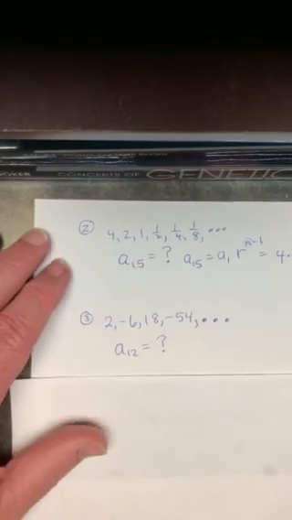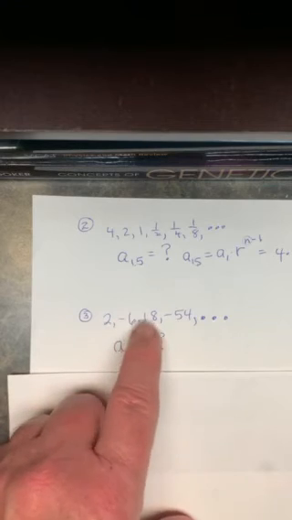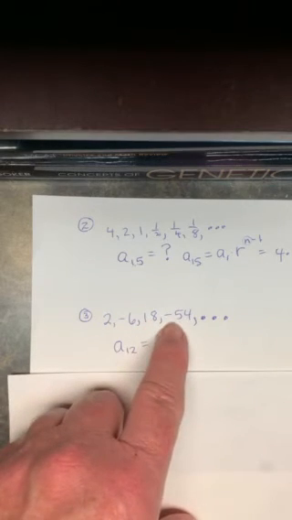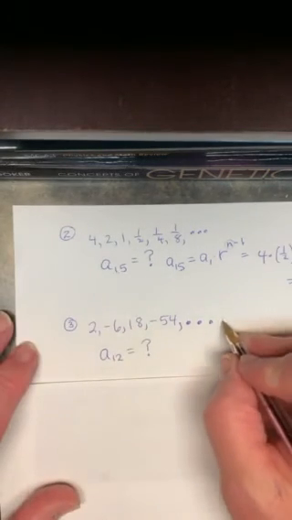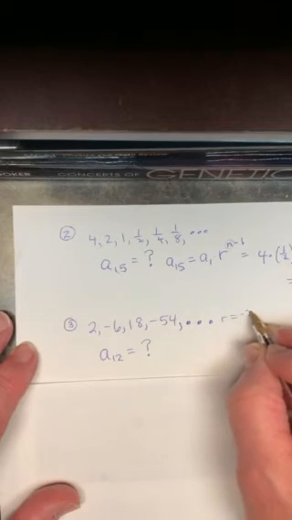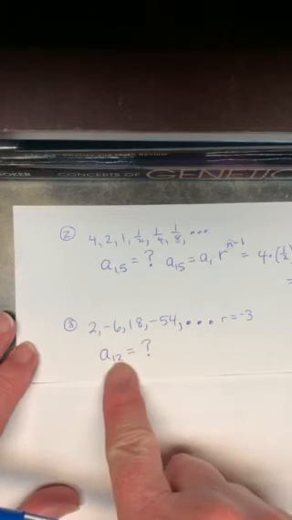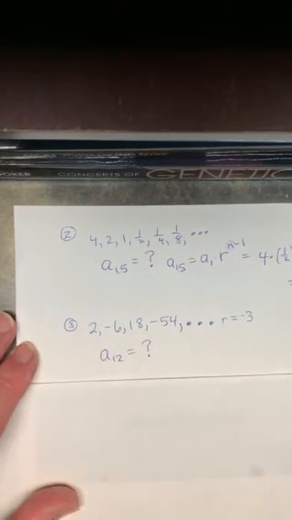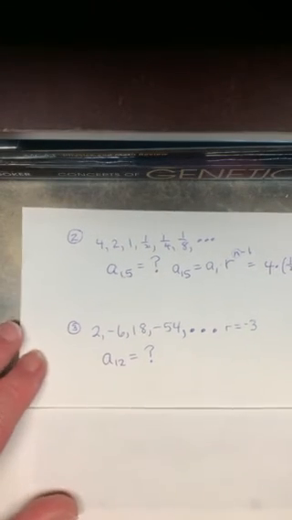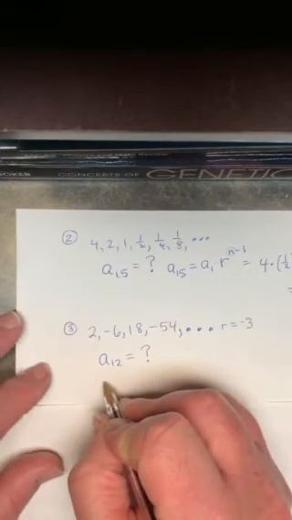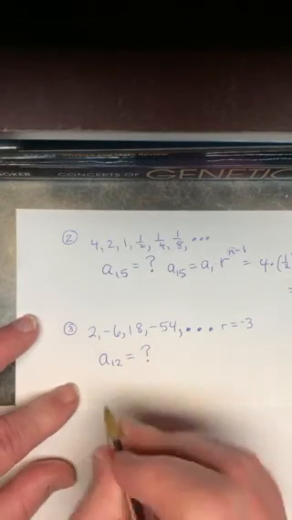Finally, number 3, the one that said 2, -6, 18, -54, the one where the ratio was -3, agreed? They want to know what's a sub 12. What's the 12th number in that sequence? So here we go. Using the formula, again, I'm going to write it again just because I want to make sure I learn it.